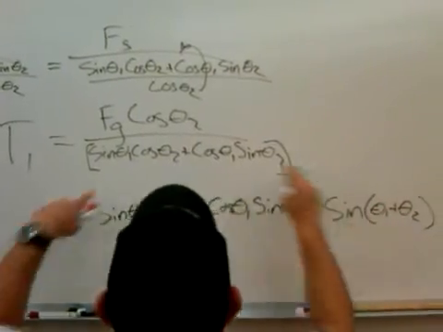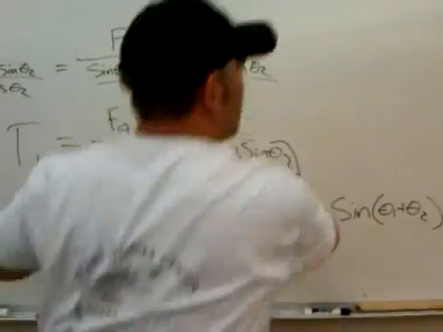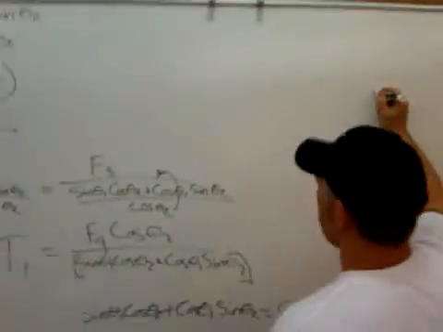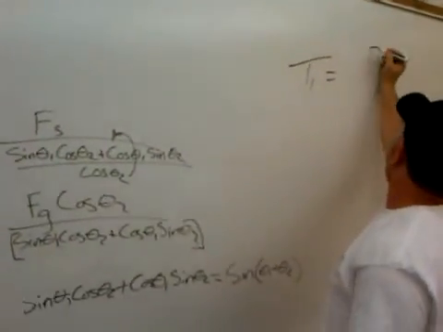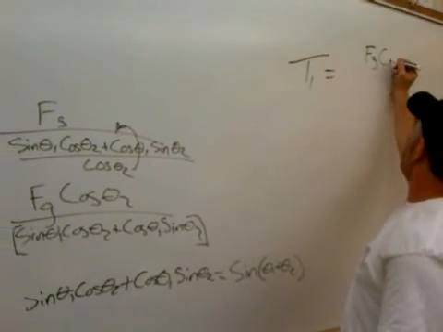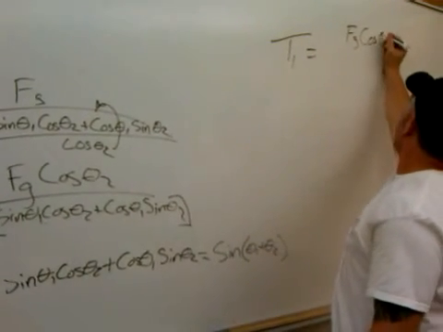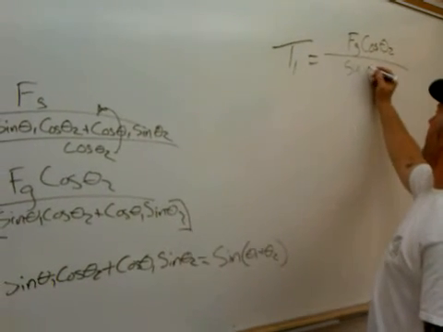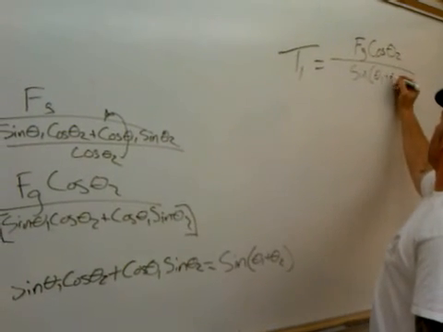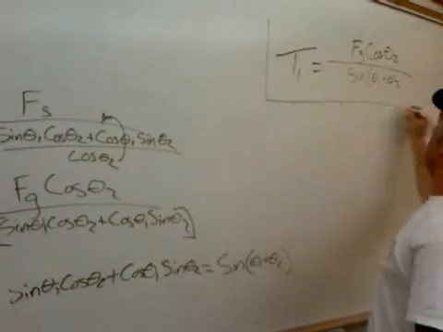So if we plug that into the denominator of this fraction, we're going to end up with T1 equals F sub g times the cosine of theta 2 over the sine of theta 1 plus theta 2, which is what we wanted to show.